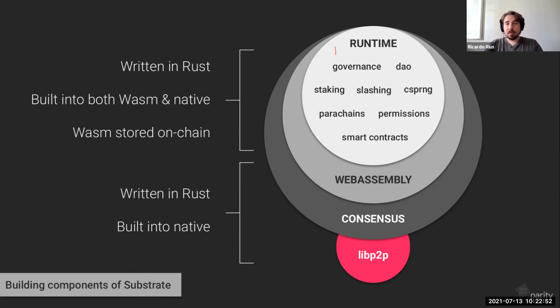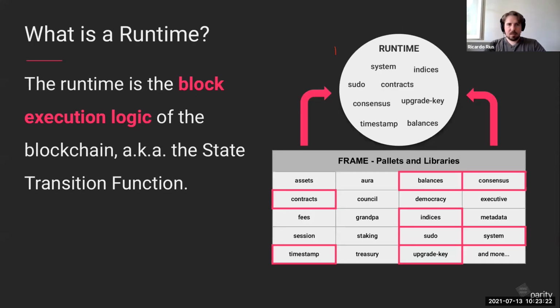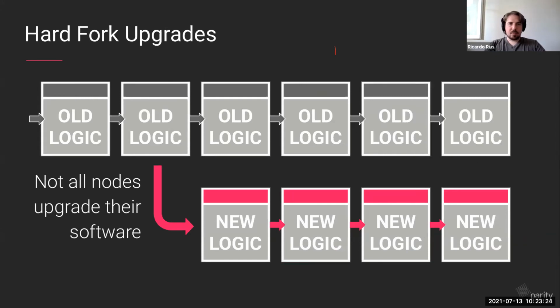This is one of the main differences with existing protocols, where all the governance is off-chain, and there's really no way to indicate whether you want the upgrade or not. So there's not really a lot of decentralization in a supposedly decentralized network. That's one of the main advantages here, and this is something that will not happen with Substrate.